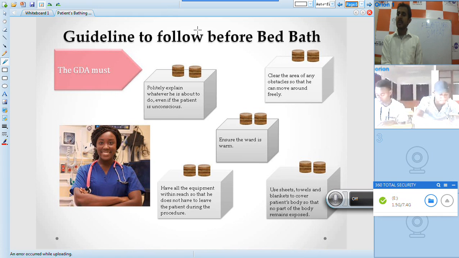You need to politely explain whatever you are going to do with the patient in case he or she is not fully conscious.